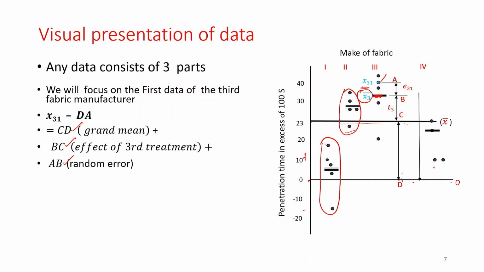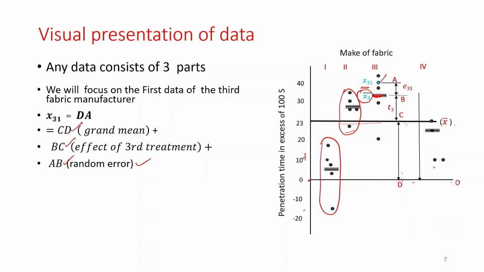The mean is here. So BC represents the difference between the grand mean and the mean value of the make of the fabric 3. And then we have another component AB. AB is called random error.